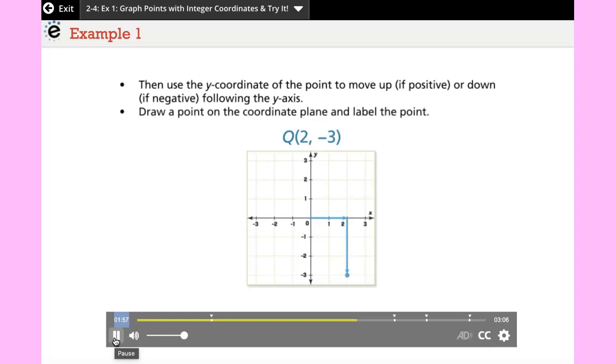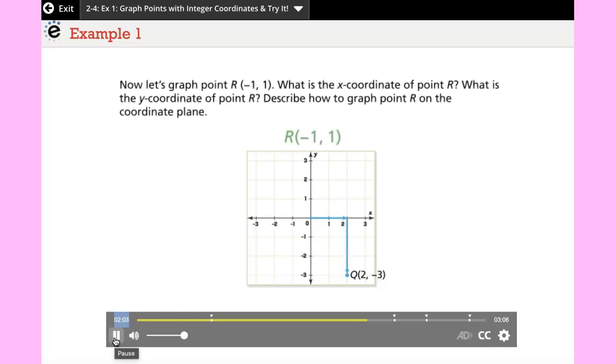Draw a point on the coordinate plane and label the point. Now let's graph point R, (-1, 1). What is the x-coordinate of point R? What is the y-coordinate of point R? Describe how to graph point R on the coordinate plane.